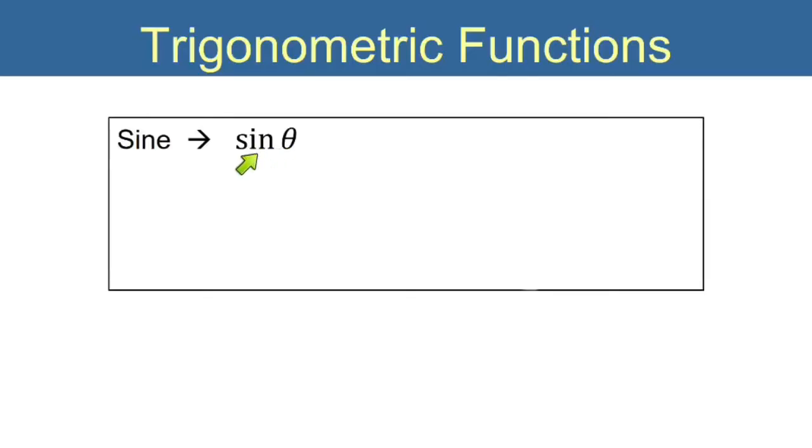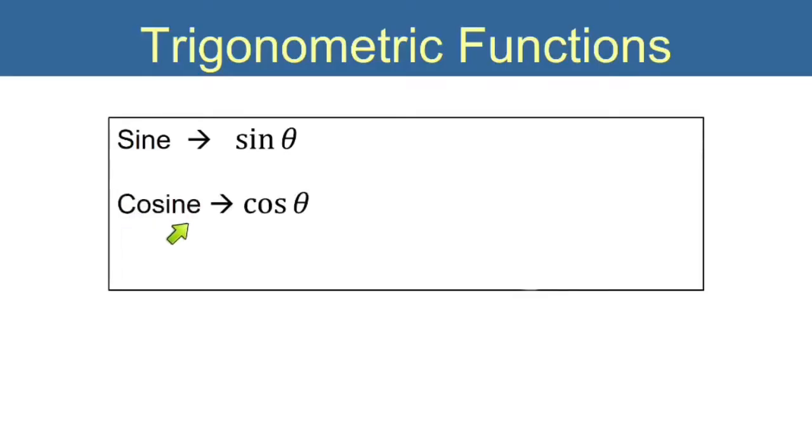To use the function without telling what you're doing the function of does not make any sense. So when I write this in an expression, I have to write sine of theta. Now theta is just the most commonly used symbol for an unknown angle. But it could be sine of x, it could be sine of something else. The most common is sine of theta.